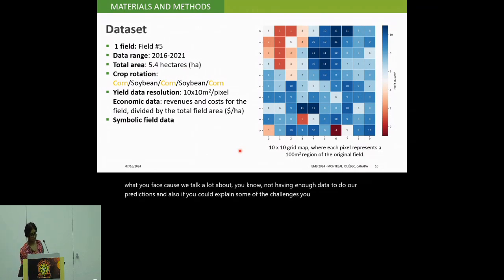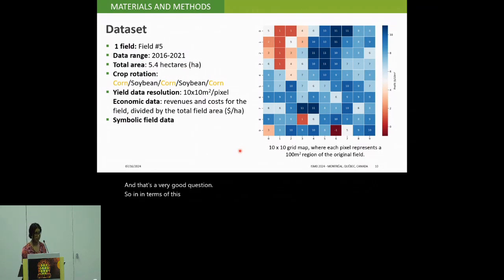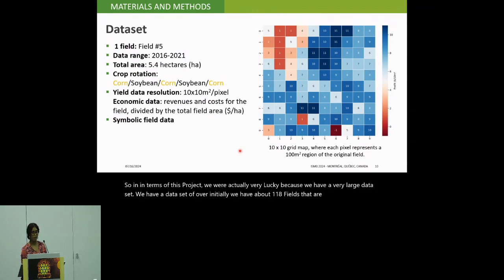Yes, absolutely. And that's a very good question. So in terms of this project, we were actually very lucky because we have a very large data set. We have a data set of initially about 118 fields that are usable. This includes not only yield data, but also economic data like revenues, costs for each producer, each farm.